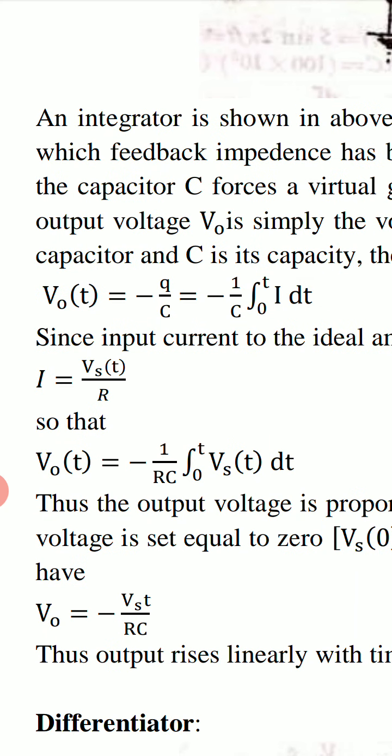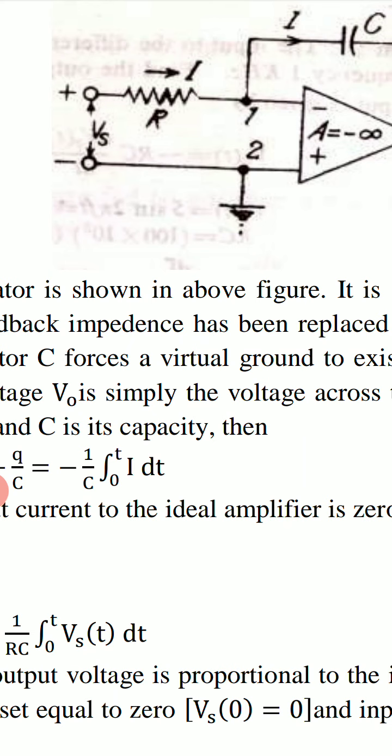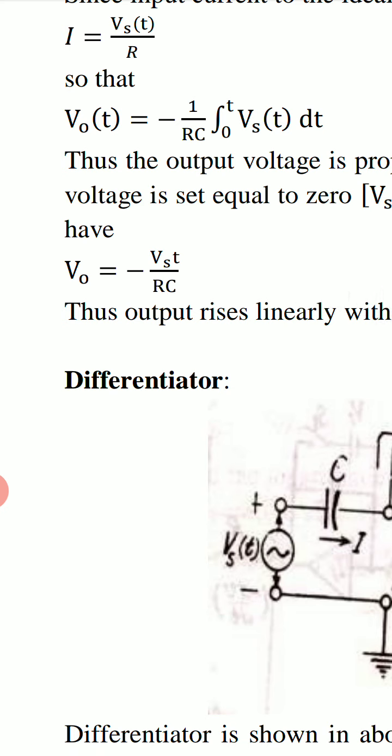Current I equal to V upon R, so I equal to Vs upon R. Vs is the input signal voltage applied between ground and the inverting terminal, and the resistance is R. Substituting this value of I in the above relation, we have the expression for output voltage as VO(t) equal to minus 1 upon RC integral 0 to t Vs(t) dt.